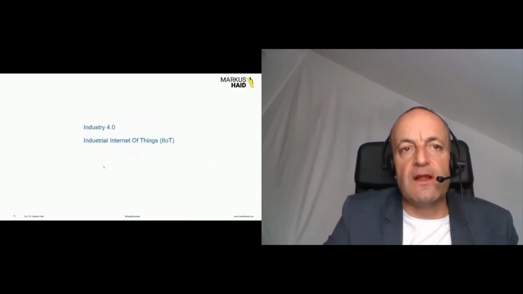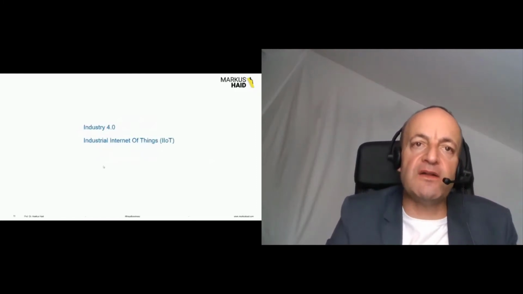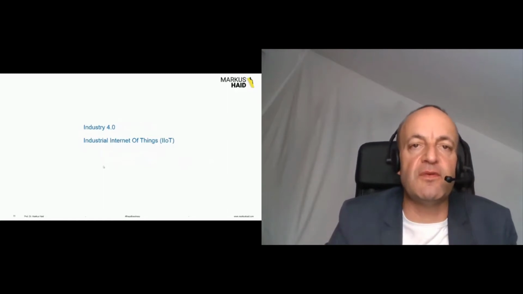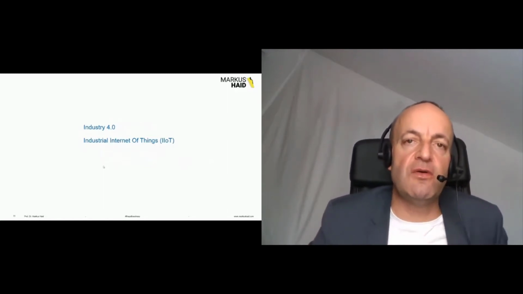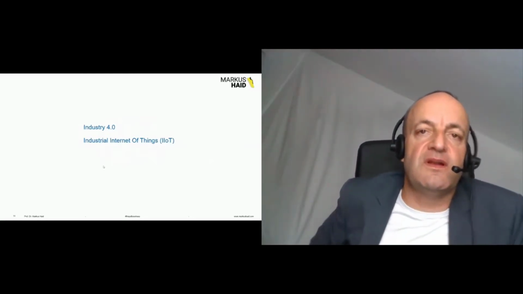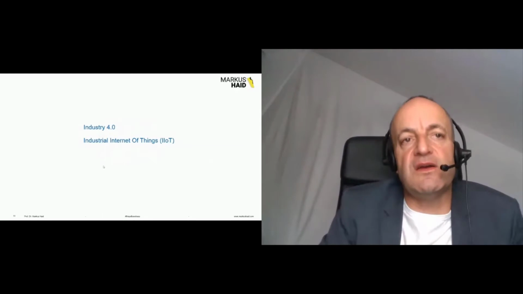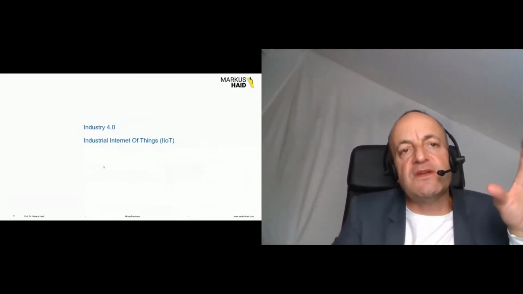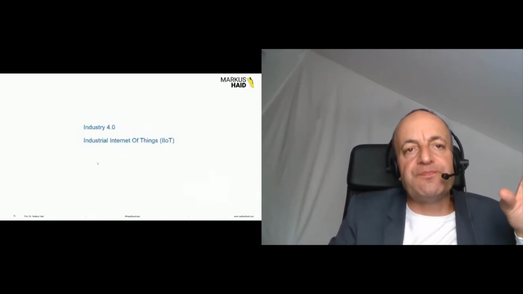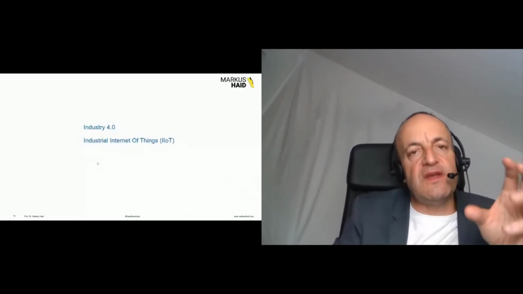The industrial part of Internet of Things is called Industrial 4.0 or Industry 4.0, mostly in Germany, or internationally, industrial Internet of Things, IoT. And this is also the danger for companies that focus exclusively on this area.